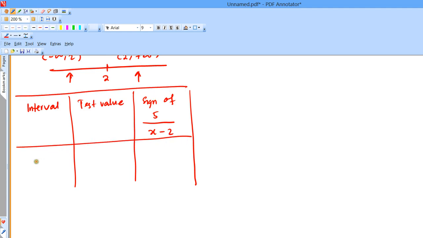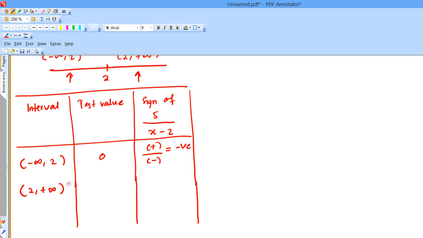For the first interval, negative infinity to 2, you can choose the test value x = 0. The numerator is the constant 5, which is always positive, and the denominator is negative, so the sign is negative. The second interval from 2 to positive infinity, we can choose x = 3. The numerator is positive and the denominator is also positive, so the sign is positive.